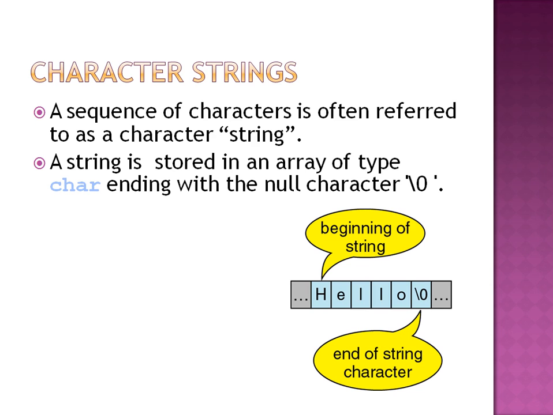Whatever value you give, for example the value over here is hello, it is stored in an array which is ended by a character that we call the null character. Even if you take the value from the user, every string is terminated by this end character. We also say this is the end of the string character and this is the null character.